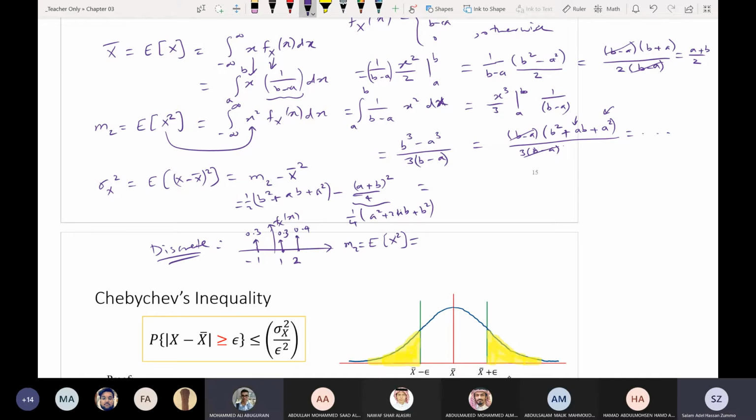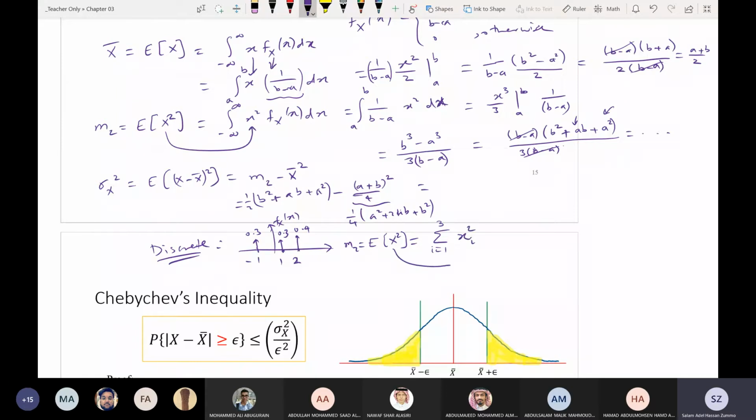We will have a series instead of the integral. It's a summation from i equals 1. How many values does x take? 3 values, right? Of x_i squared.